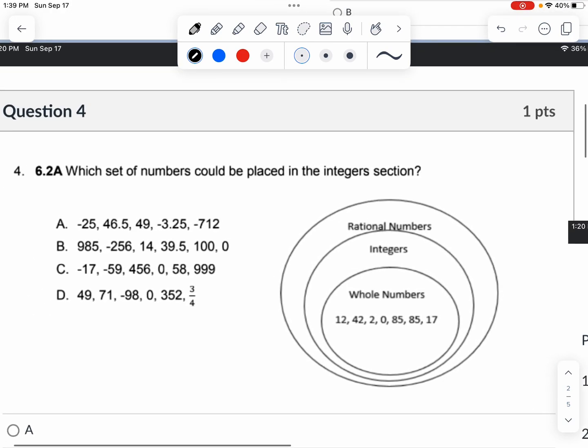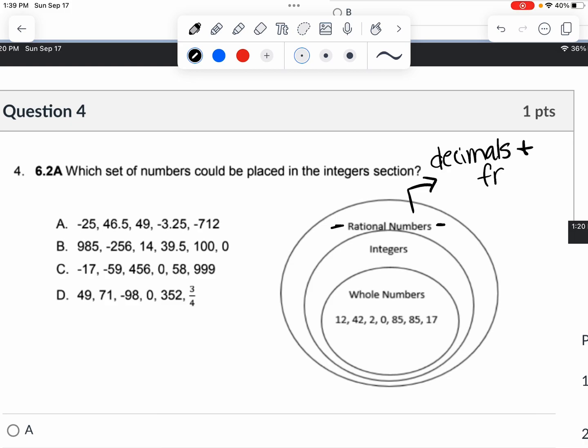Okay, number 4, we touched base on because I did have you write down in your notes what rational numbers are. So if you remember correctly, rational numbers are going to include decimals and fractions. And then remember, integers have no decimals, no fractions.